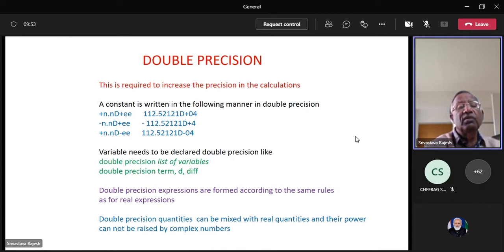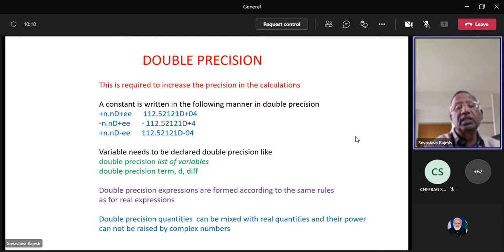So similarly, when the calculation is done, after every expression is evaluated, it truncates and makes it after decimal 8 decimal points, normal, single precision. And if it is double precision, then it is 16.